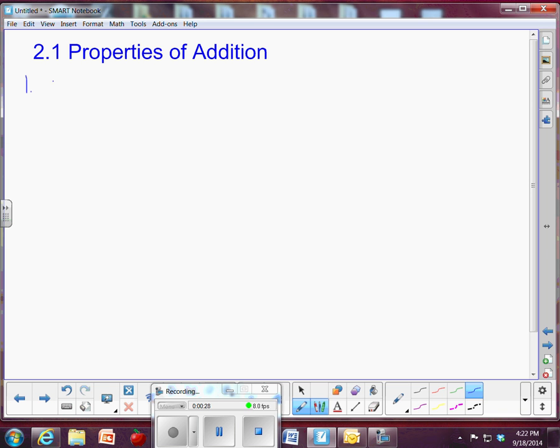All right, so the first one is the closure property. C-L-O-S-U-R-E, the closure property. What does the closure property say?